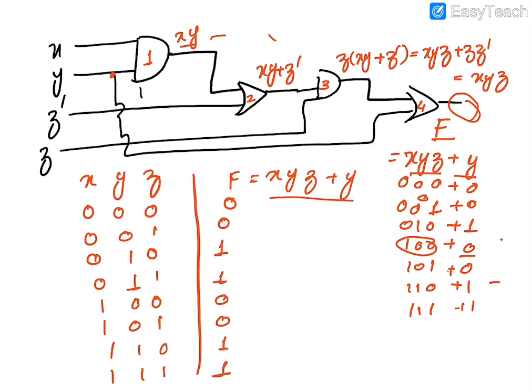So for each output you will write this form. Suppose you have 2 outputs, so you will write F1 and F2 here in the table. Okay, so next suppose we have another circuit which is based on the NAND gates only.